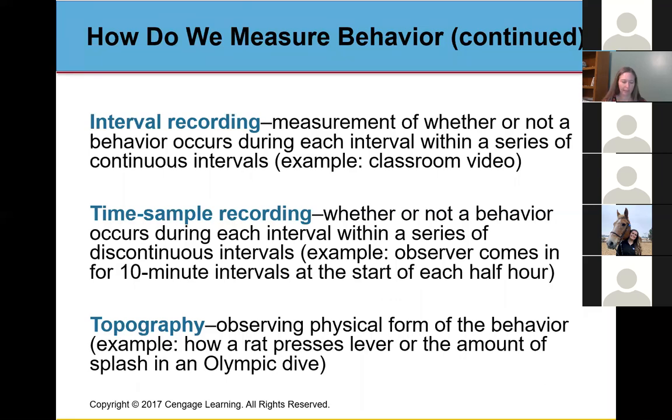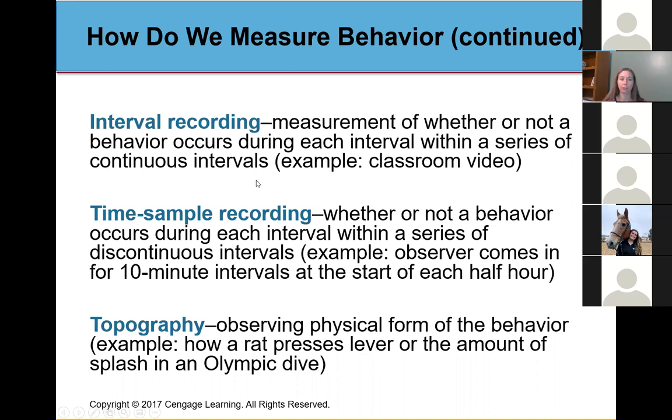All right. There are different ways that we can sample our measurements. The first two are very similar to one another, and the third one really has to do with a physical form of behavior. So interval recording has to do with continuous intervals.